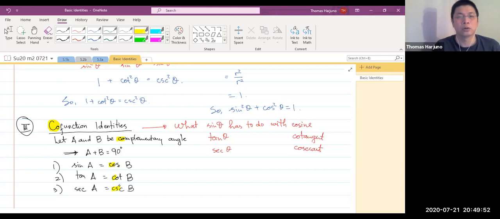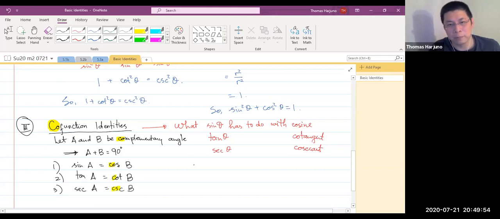So as an example, sine 40 degrees equals cosine of what? What number adds up to 90? 40 plus what gives you 90? 90 minus 40 is 50.